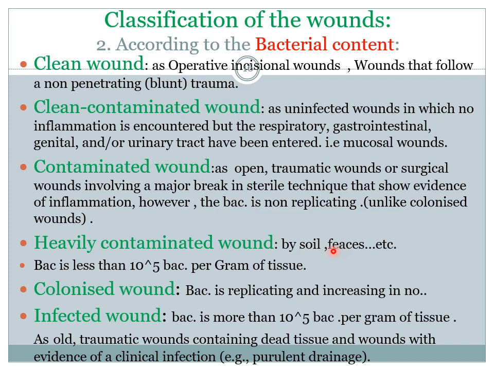Once the bacterial count in the wound becomes more than 10^5 bacteria per gram of tissue, the wound is then called infected. It is no more heavily contaminated. Therefore, the differentiation is between the heavily contaminated and the infected. The infected contains more than 100,000 bacteria per gram of tissue, while the heavily contaminated wounds contain less than 100,000 bacteria per gram of tissue.